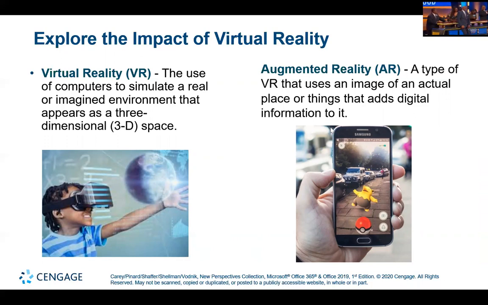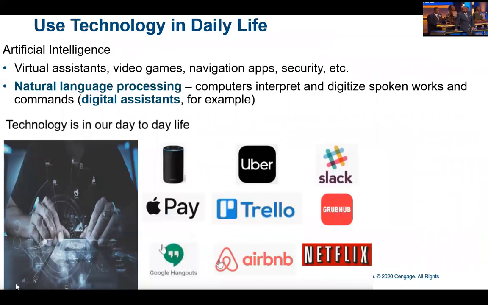Something else that came about was augmented reality, which is AR. This is a type of VR that uses an image of an actual place or thing that adds digital information to it. Pokemon would be a great example of how that's being done.